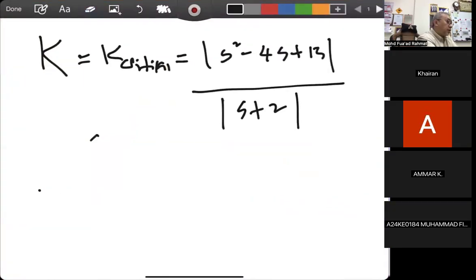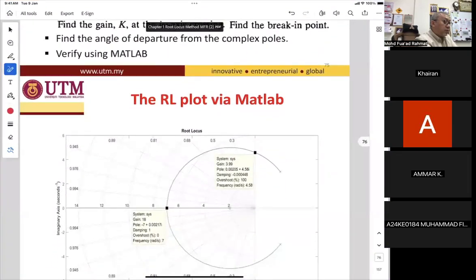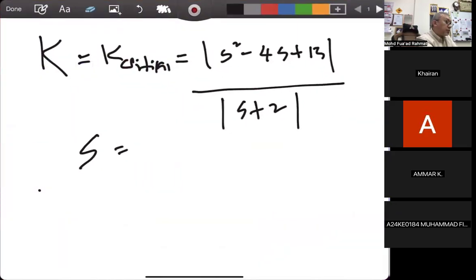And then s is the point where the root locus crosses the j omega axis, which we read from the plot just now. It is plus minus j4.58.